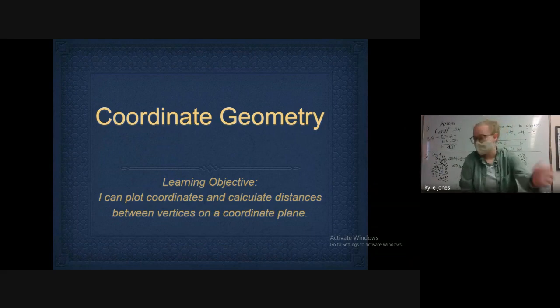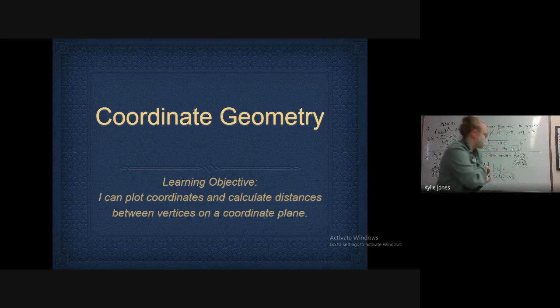So, coordinate geometry means that you're going to be able to plot coordinate points, which we already know how to do, right? Over first and then the up or down. And then find the distance between points on that coordinate plane or between vertices.